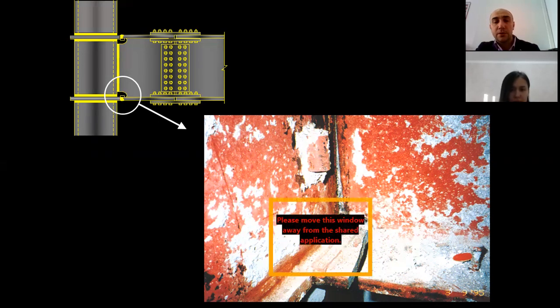So this is one of the examples of the fracture of a welded beam connected to the column in the steel moment frame.